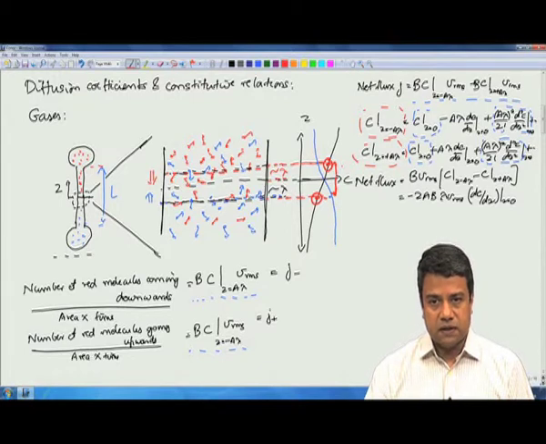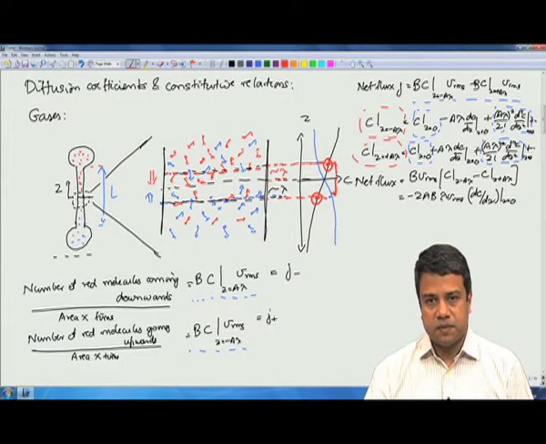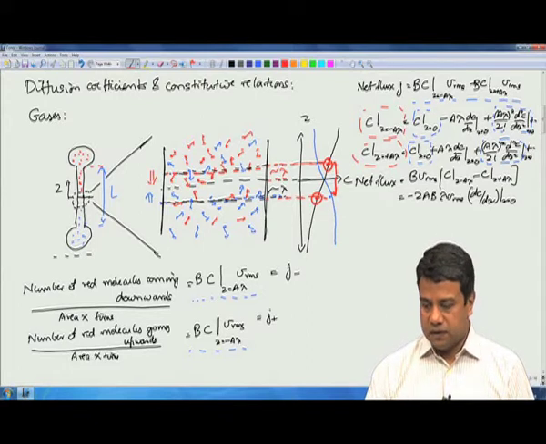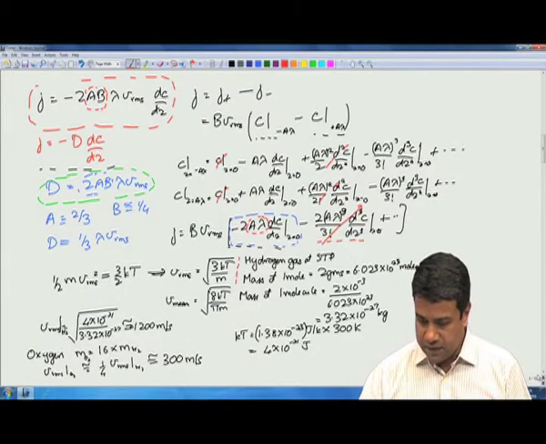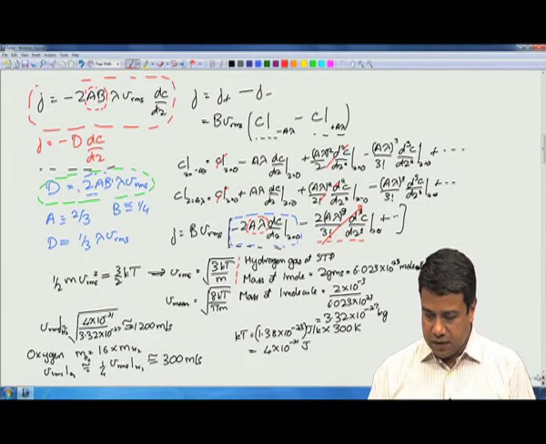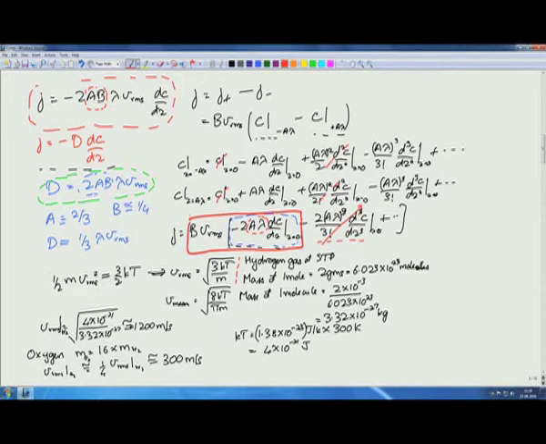That concentration difference is the mean free path times the gradient of the concentration, the variation across the surface. So we get expressions of the form of Fick's law, that the flux is equal to something times the gradient in concentration.